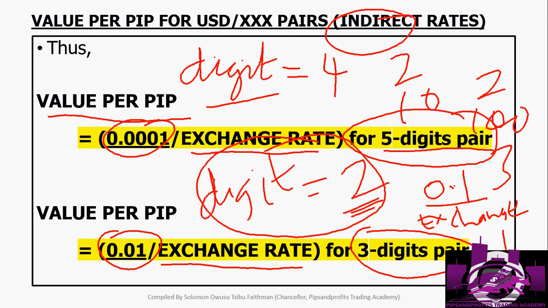When you get the number of digits, you'll be able to calculate the value per pip of that particular instrument. As simple as that. So this is a general rule. Let's continue and go to examples.